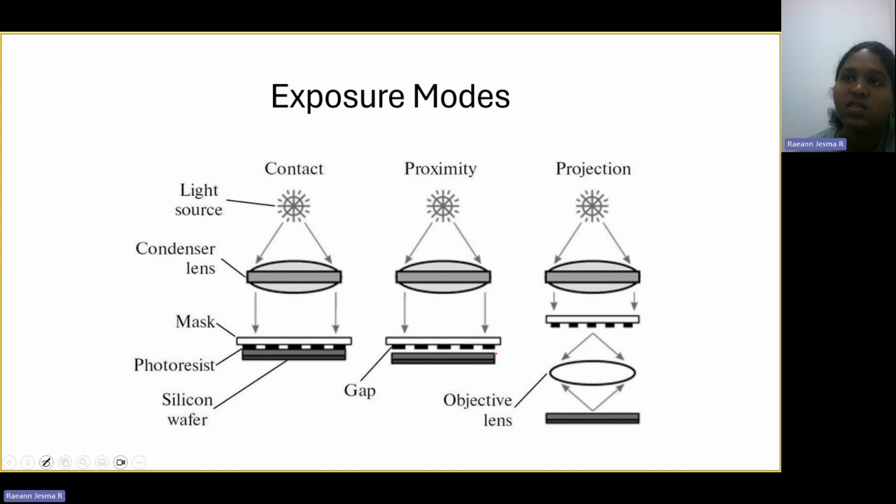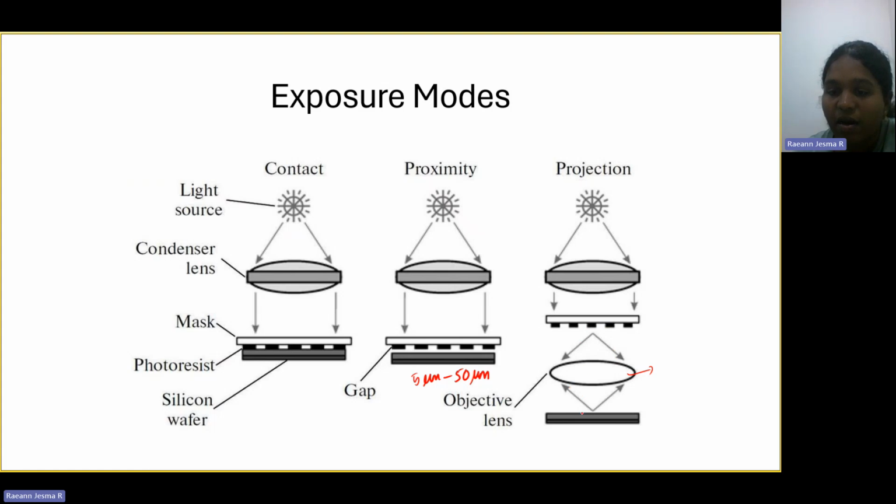In the case of projection mode, there will be a large distance between the mask and the sample. Between the mask and the sample, you will have a separate objective lens. This objective lens will control the diffraction of light from the mask, and it can be manipulated so that we can get smaller features on the sample as compared to the mask.